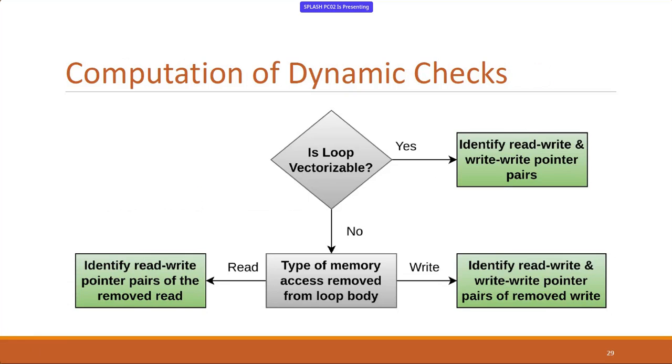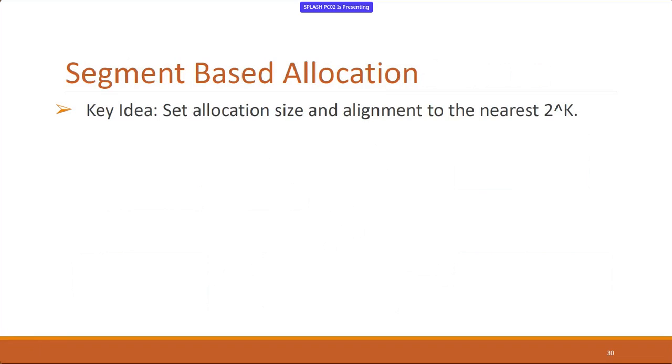Before going into instrumenting the dynamic checks, let's take a look at how our custom allocator performs segment-based memory allocation. Our custom allocator constrains the allocation size and alignment of the memory allocation to the nearest 2 to the power k.